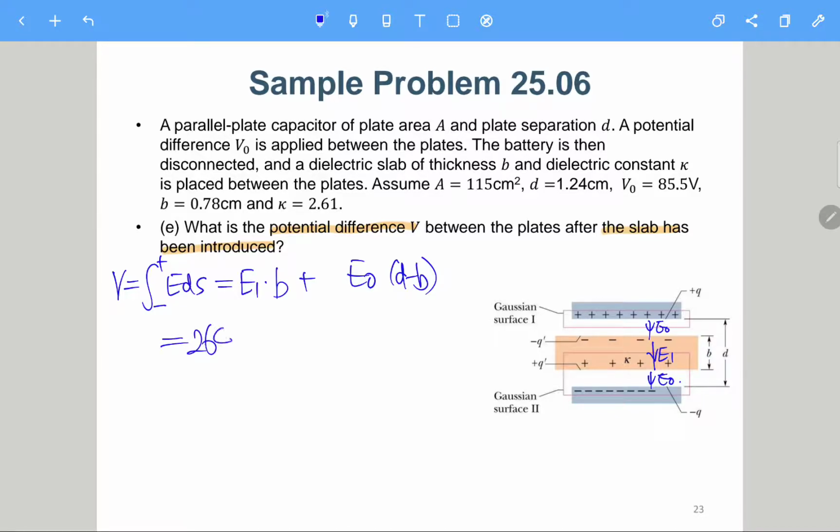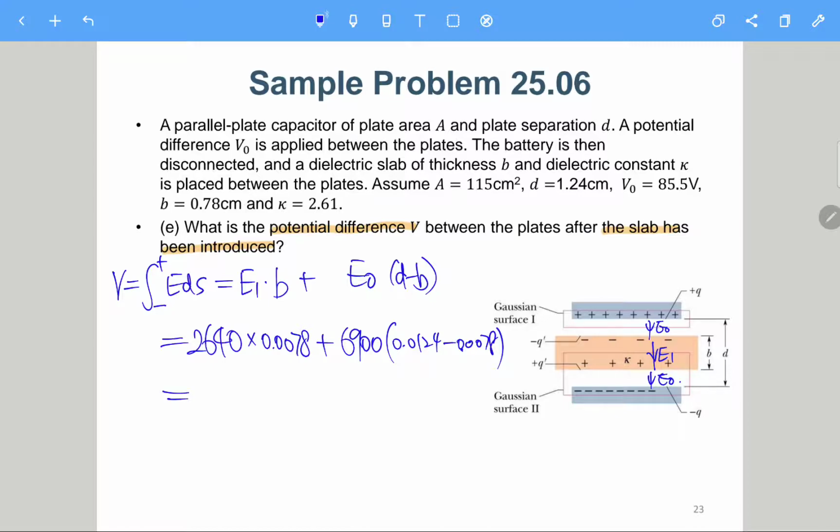E1 is 2640 times B, which is 0.0078, plus E0, which is 6900, times D, which is 0.0124, minus 0.0078.